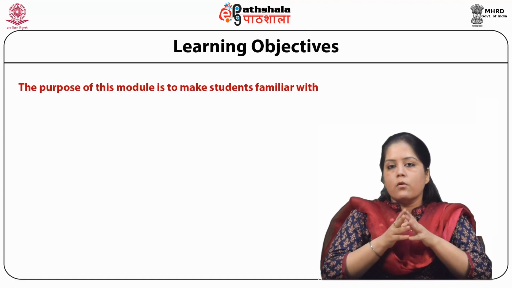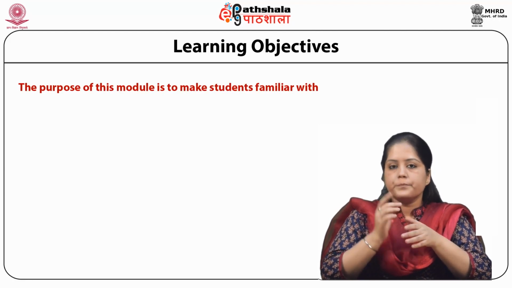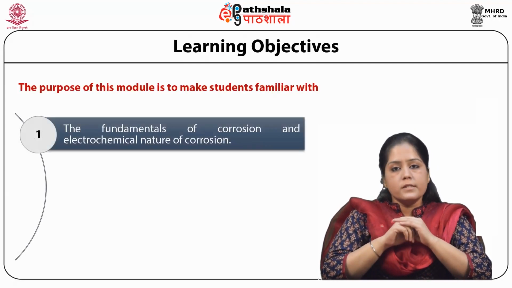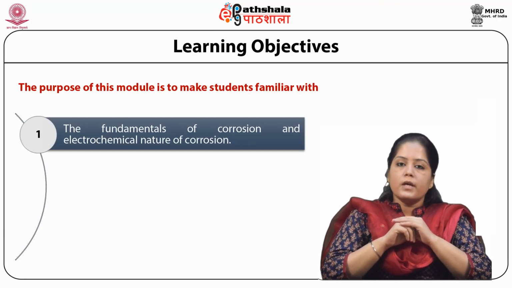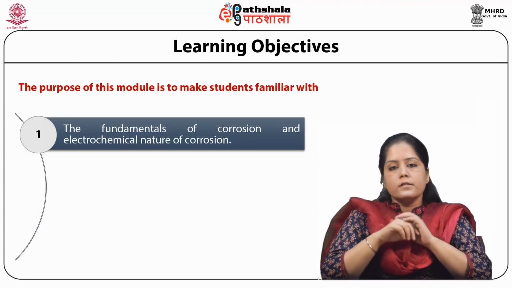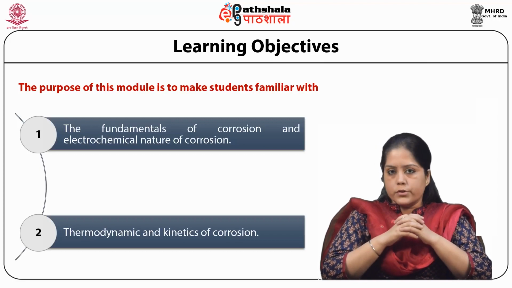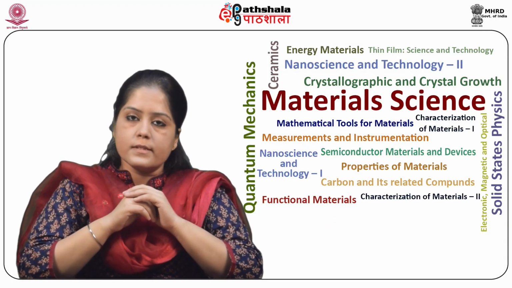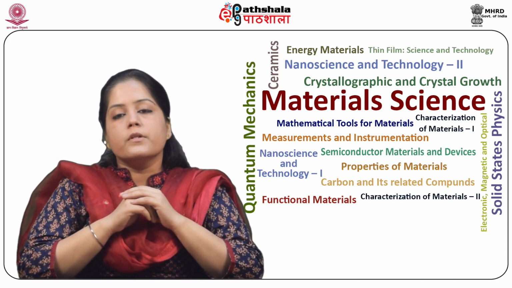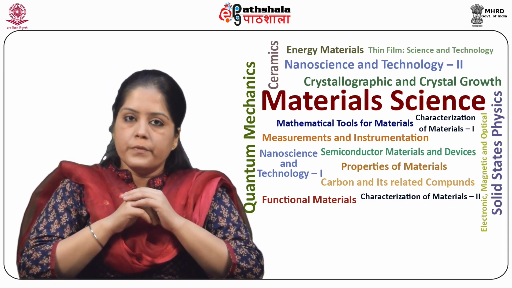The purpose of this module is to make the students familiar with, first, the fundamentals of corrosion and the electrochemical nature of corrosion, and second, the thermodynamics and kinetics of corrosion. So students, let us start with the basic introduction about the module.